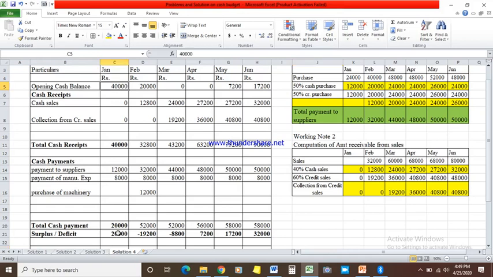So this 20,000 surplus cash plus the next month's sales, if you consider, the sales revenue is very low, but the payment for expenses is high, and even in the next month the company is planning to purchase a machinery. Due to this, the company is having a negative cash balance. So this is how, by preparing a cash budget, we can at least foresee in the next 6 months how our business is going to look.